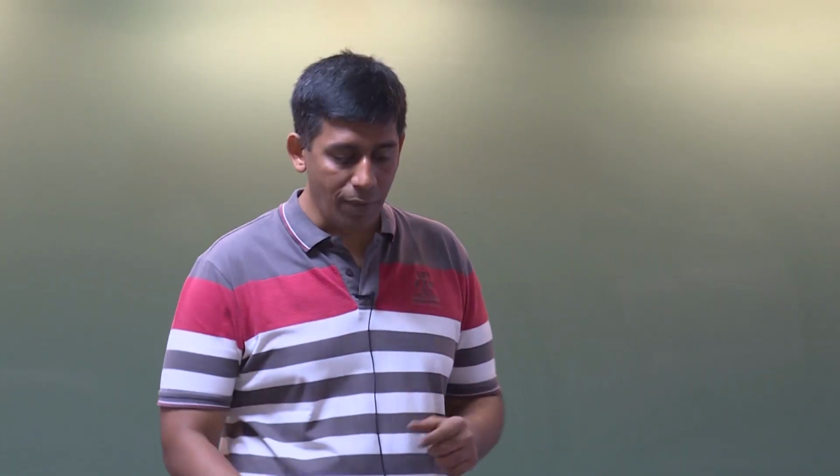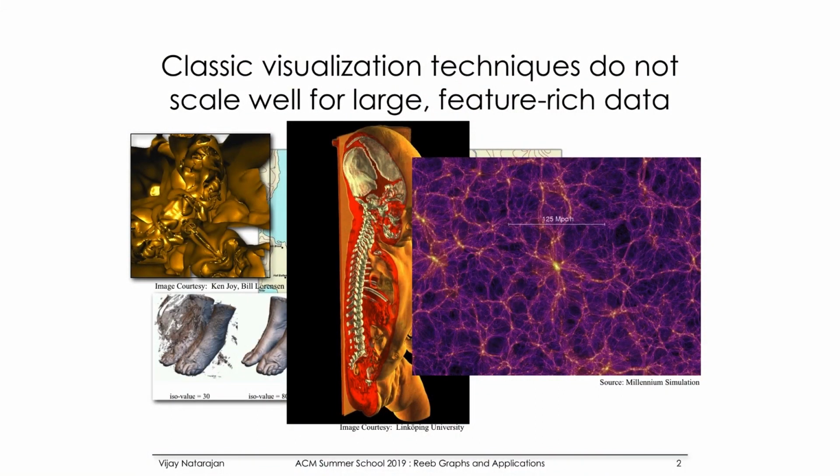This is all just to motivate why we need to develop techniques to understand data. Data quickly gets very complex. For example, in the large scale structure of the universe, you have, like I said, this web-like structure. The web-like structure has clusters which actually are where our galaxies lie.